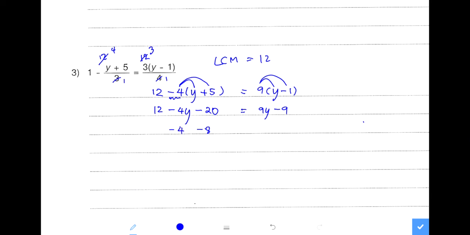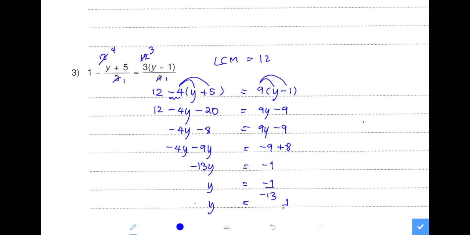So this is negative 4y minus 8, and that is 9y minus 9. Now, you move 9y to the left, it's minus 9y, and this is negative 9. This negative 8, move it there, it's plus 8. And that will be negative 13y equals negative 1. So my y is negative 1 over negative 13. Yep, negative over negative is a positive, right?